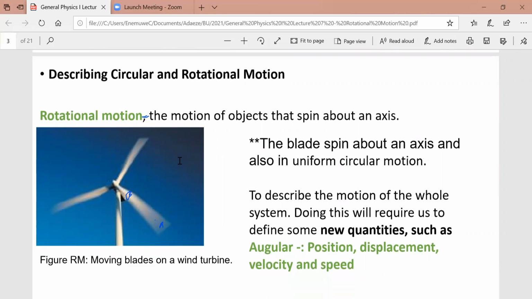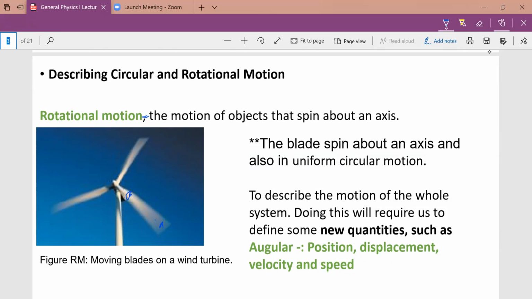Rotational motion is the motion of an object that spins about an axis. In circular motion we described an object that is moving in a circle, but in this case, it is the motion of an object spinning about its axis.